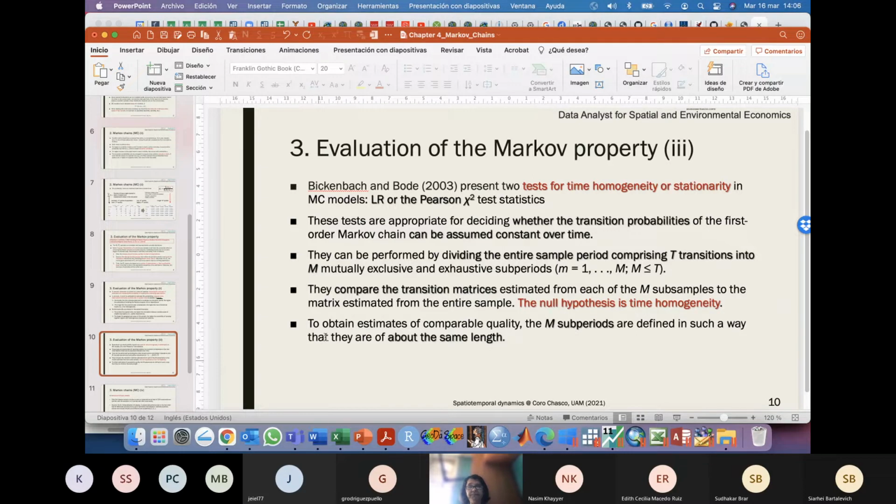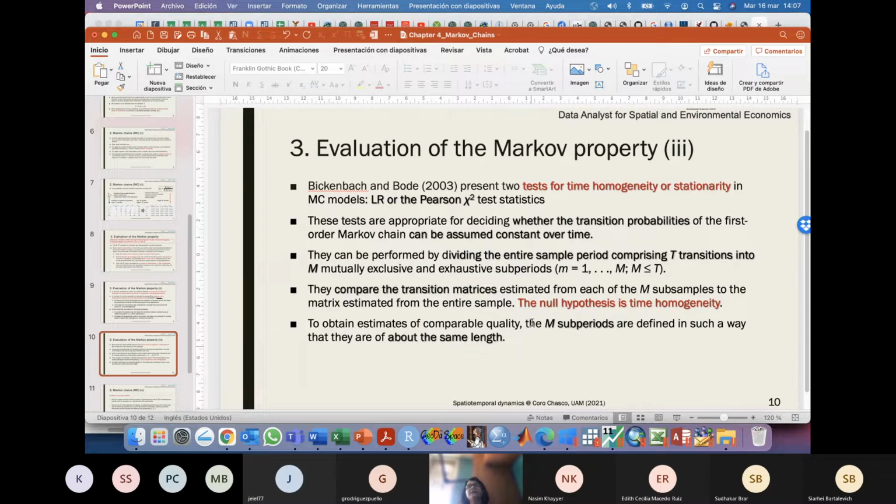And well, in the test, additionally, to obtain estimates of comparable quality, what they do is subdivide the M periods in such a way that they have about the same length.